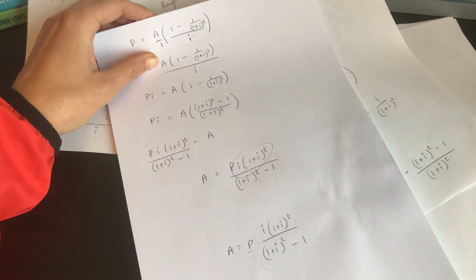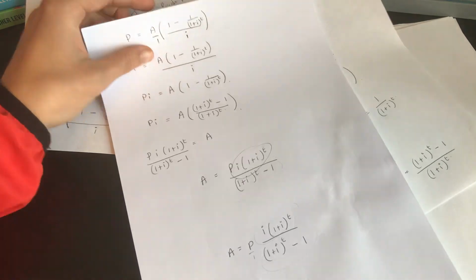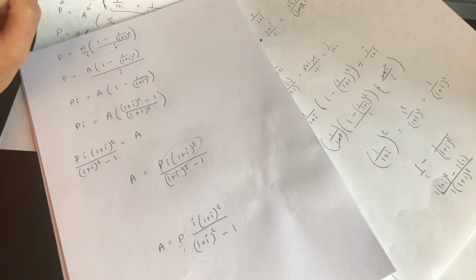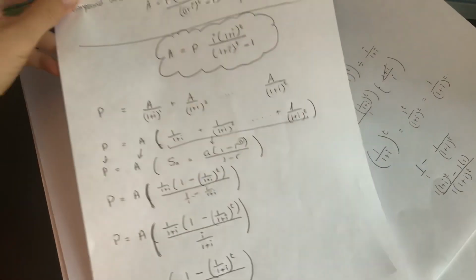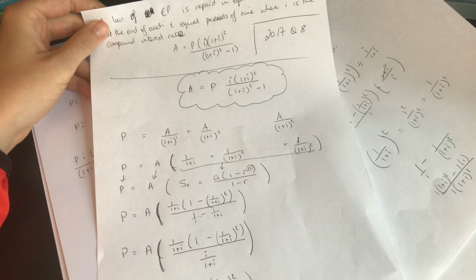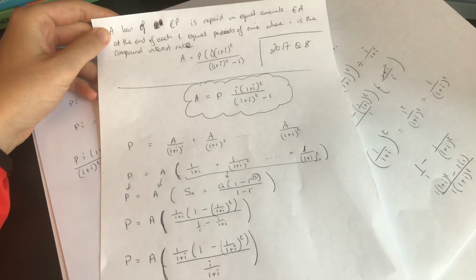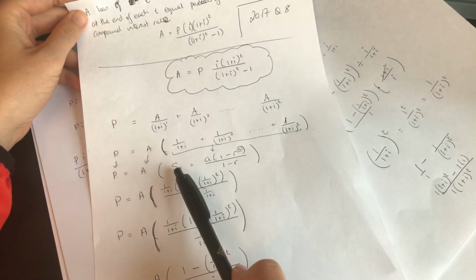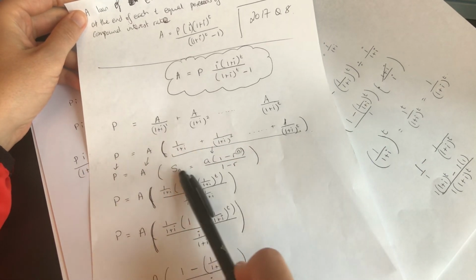Now I'm sure you could do it in much faster steps than me. Maybe you don't need as much rough work as I did, but I just wanted to do it out as clearly as possible. So what did I need in there? I needed to be able to have my first line in terms of the letters that they've used. I needed to be able to use my Sn formula of a geometric series.